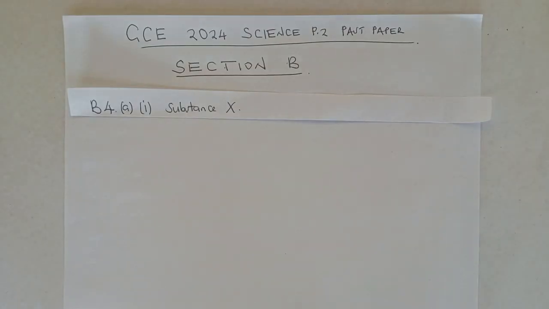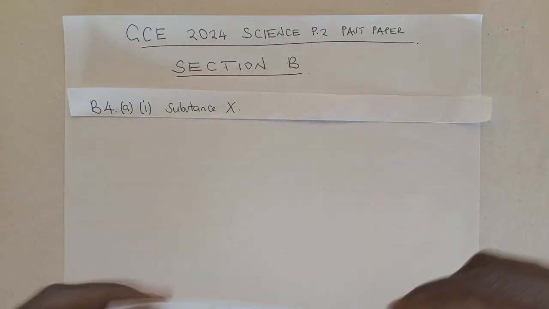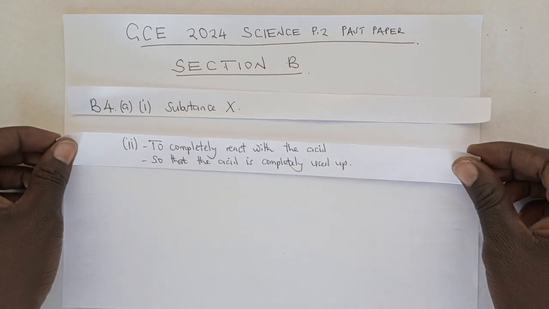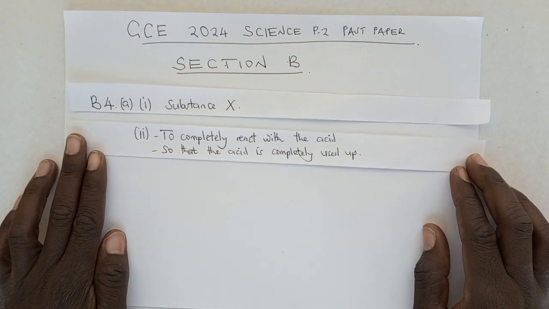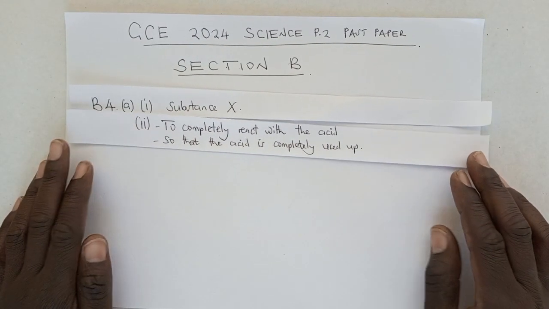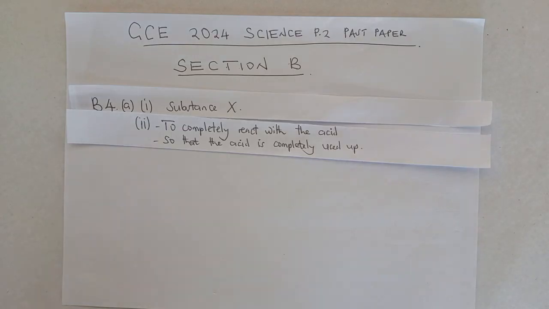Well, for it to react completely with the acid, and also so that the acid is completely used up. You can choose between the two, to completely react with the acid, or so that the acid is completely used up in the preparation of that sort.